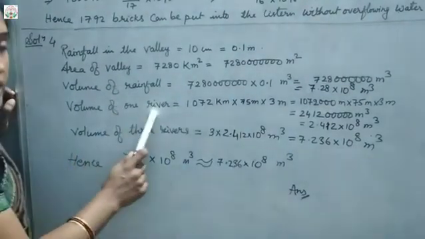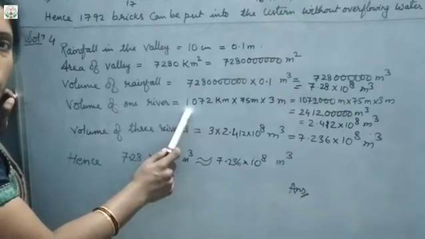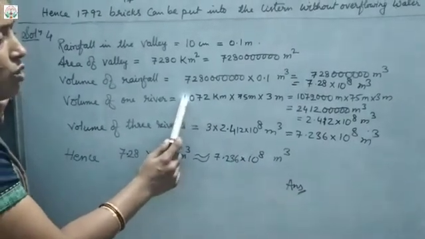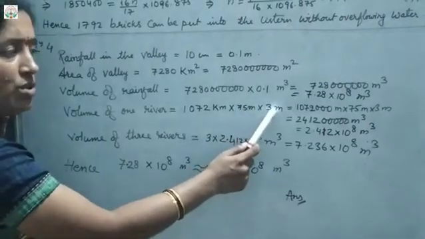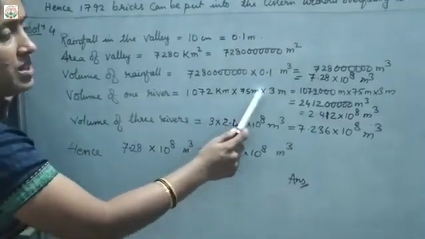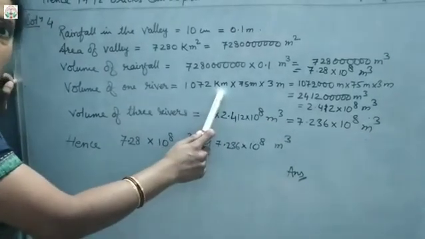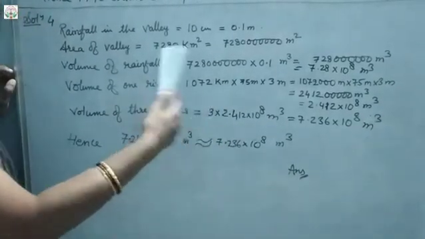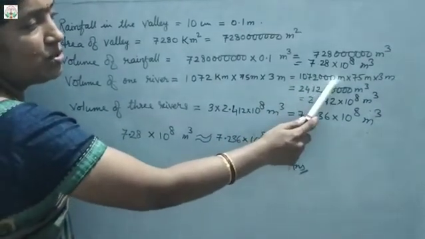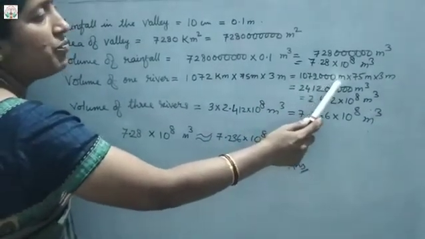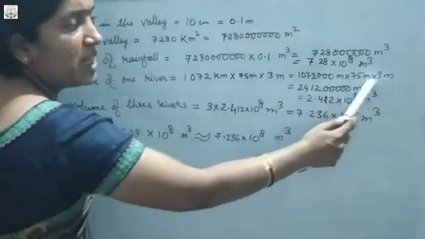Now the volume of one river. The length, breadth and depth of the river are given as 1072 kilometer, 75 meter and 3 meter. You can see that these two measurements are in meter, but the first one, the length, is in kilometer. So we change this kilometer into meter, so it will be 1072 into 3 zeros meter into 75 meter into 3 meter. Now all the measurements are in meter.